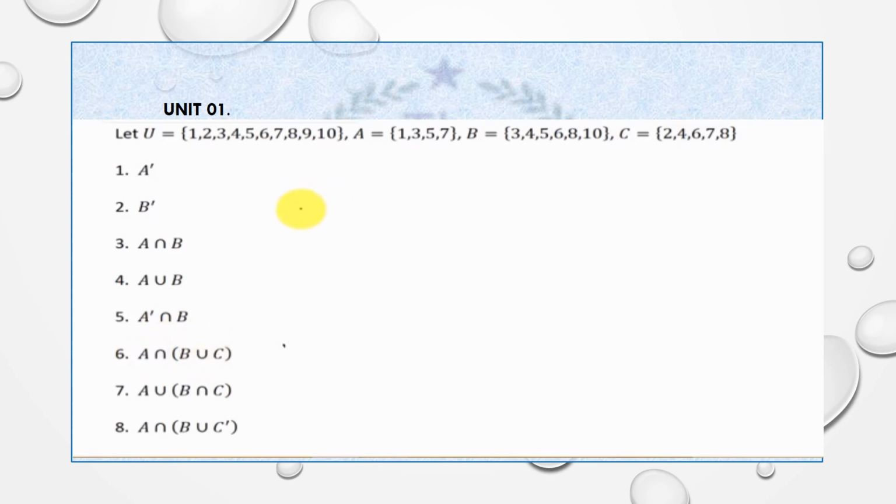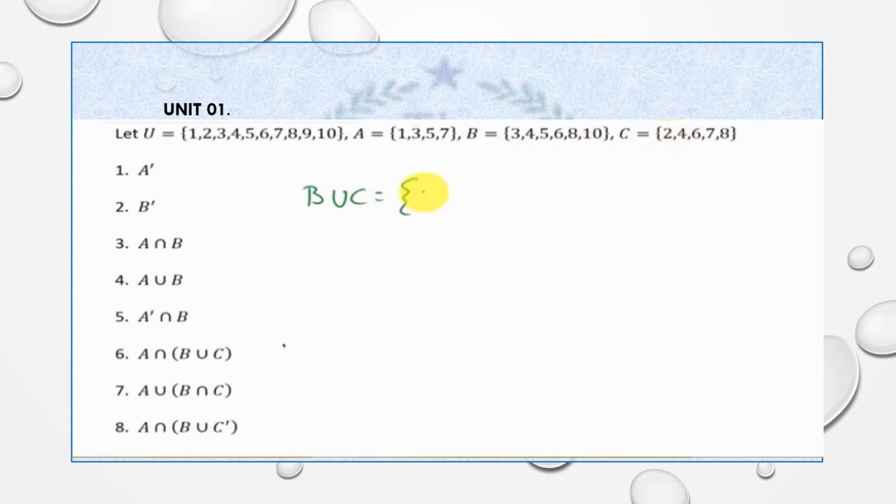First I need to find B union C. That's all the elements from B and C combined into one set. That's what union means.